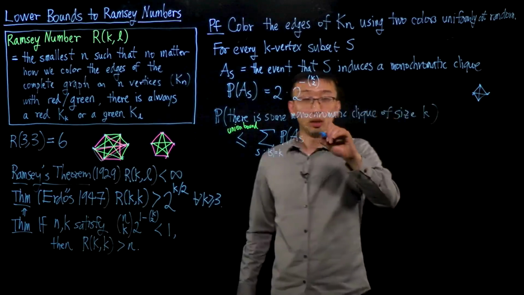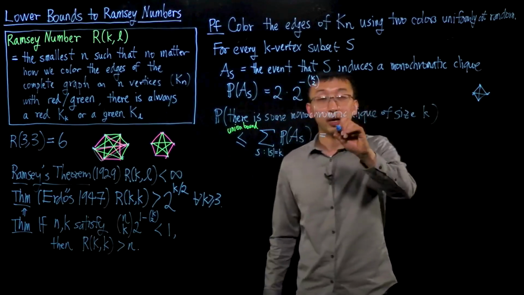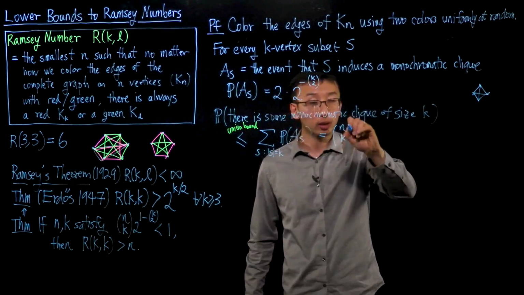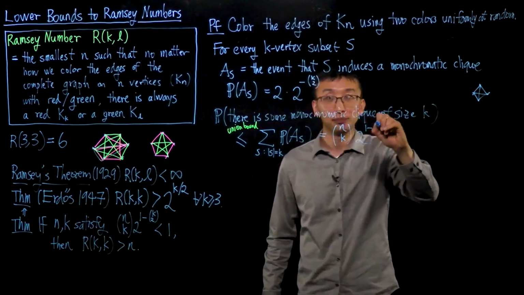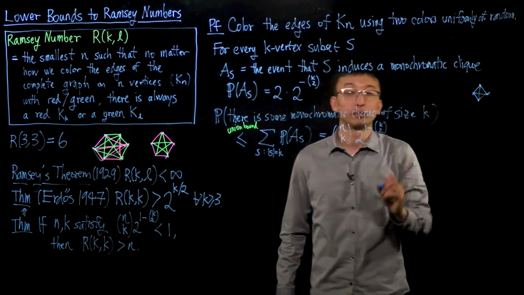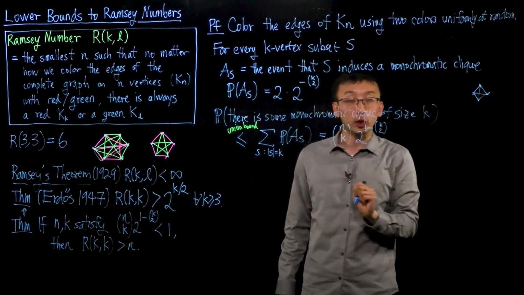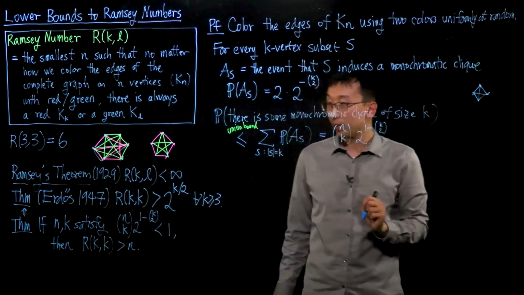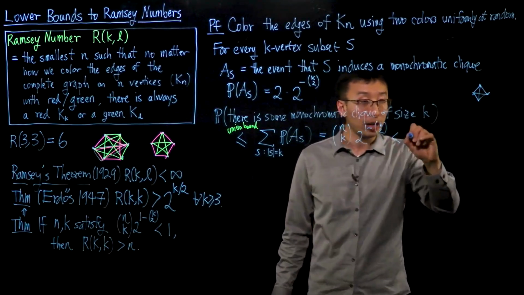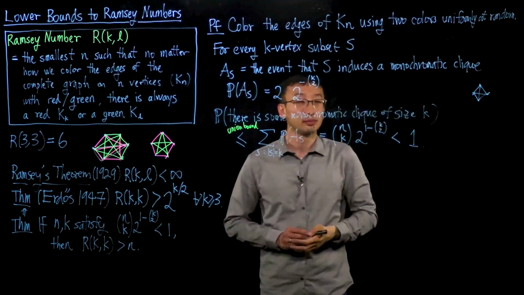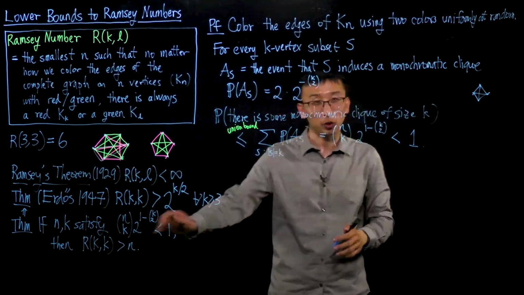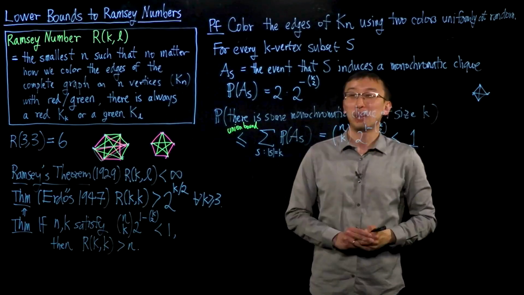In this summation, there are n choose k terms, and each term is this probability that we calculated earlier. And you see this expression, it was the expression in the hypothesis of the theorem, and we assume that it is strictly less than 1. And this is why we had this expression in the theorem.